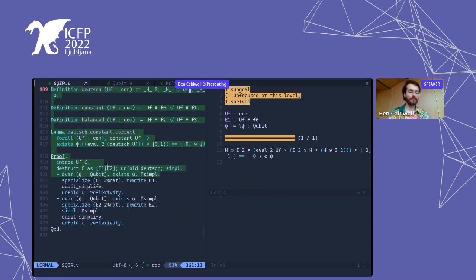That's why we're doing the specialize here with 2: the specialize is a dimension that we're evaluating at. Then we can use it in our rewrites to change the UF into our F0. And qubit simplify, which will take not as long, gets us almost all the way there.